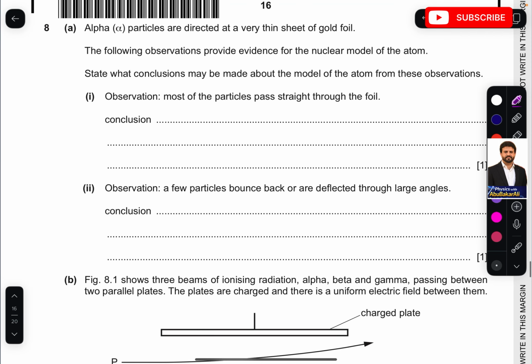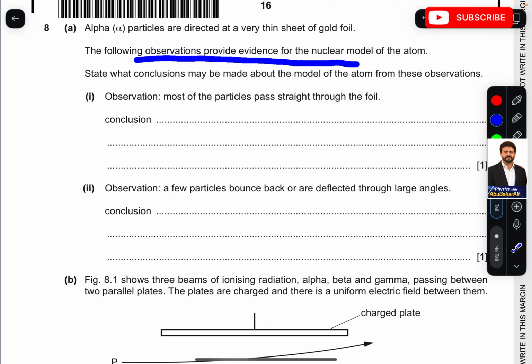This is how you can label them. Okay. Now question 8, it's from nuclear physics. Alpha particles are directed at a very thin sheet of gold foil. The following observations provide evidence for the nuclear model of the atom. State what conclusion may be made about the model of the atom from these observations. This is from the Rutherford experiment. Observation: most of the particles pass straight through the foil.